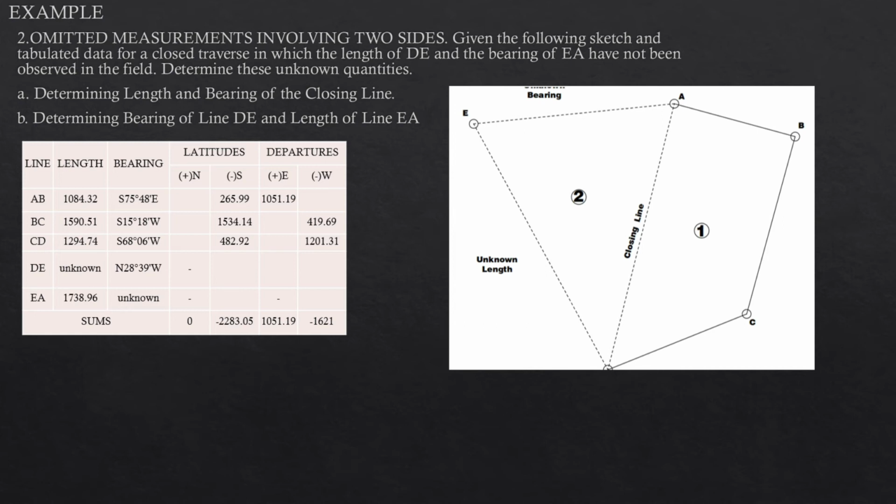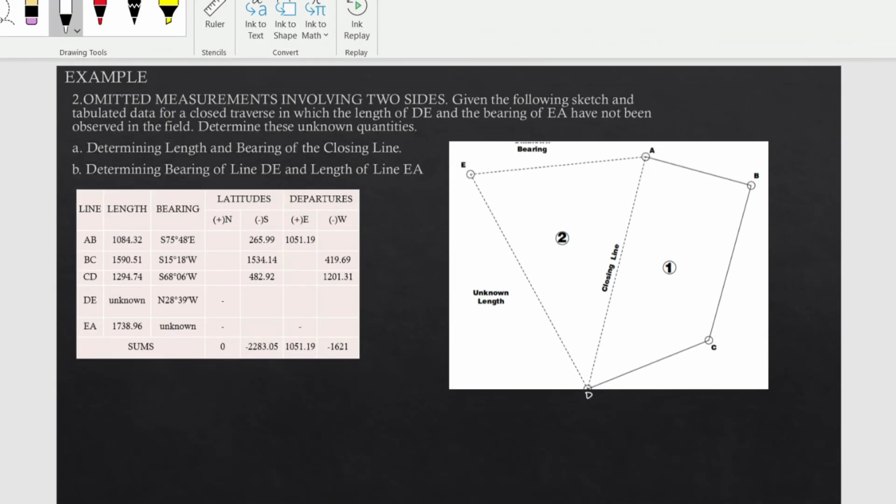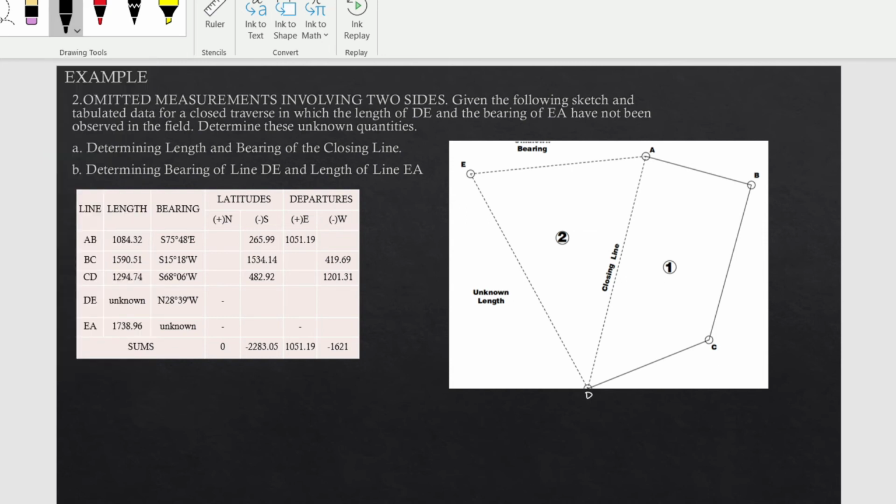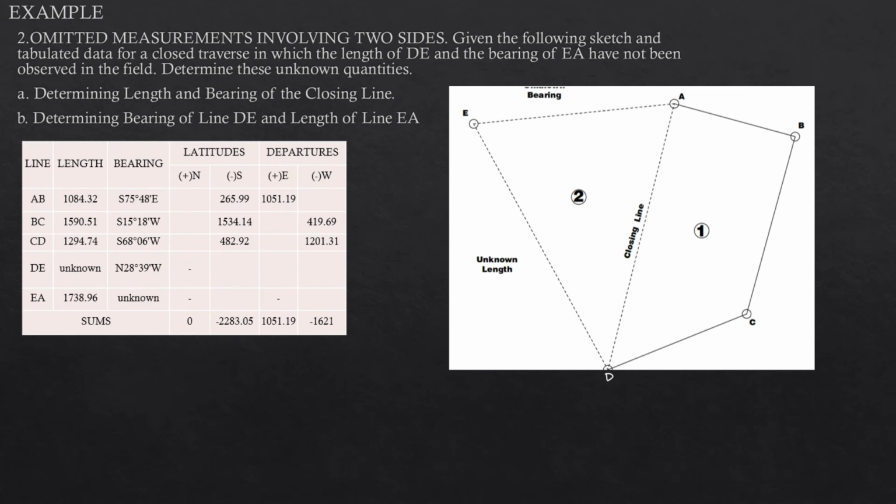Okay, so first step na gagawin natin, kailangan nating i-plot yung given para ma-visualize natin kung ano ba yung kinukuha natin. Okay. So, meron tayong line AB. So, line AB natin, meron tayong given bearing na south 75 degree 48 minutes east.